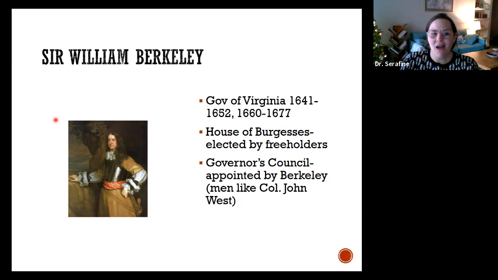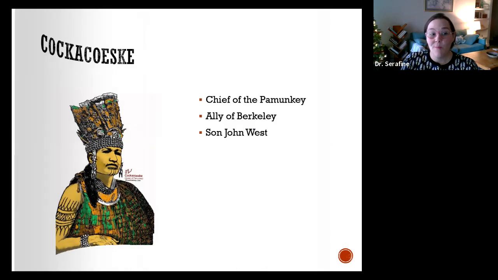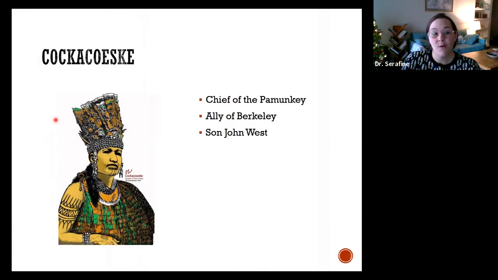And what is that council controlling? Well, they're making sure that they keep all of the best land, and they are allying with the Pamunkey tribe and their chief, a woman named Cockacoeske, to control a very lucrative beaver trade in Virginia.